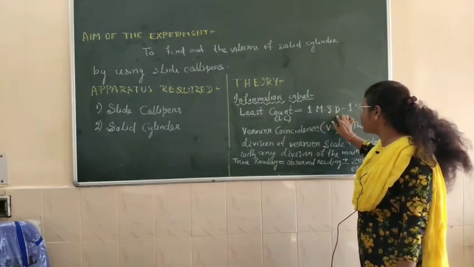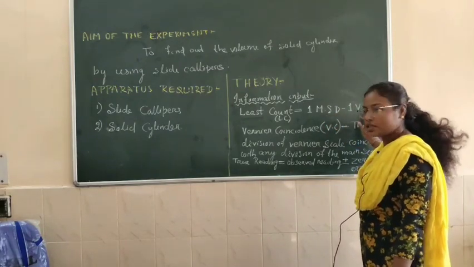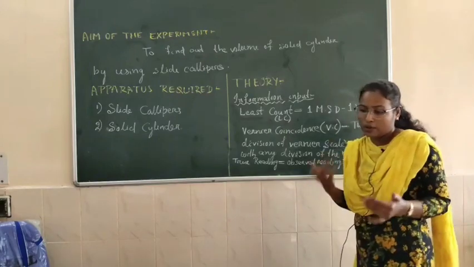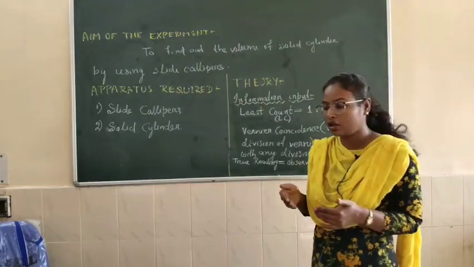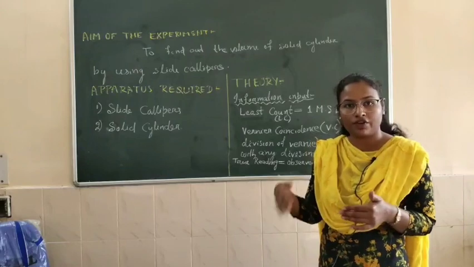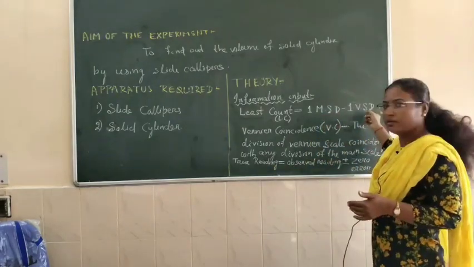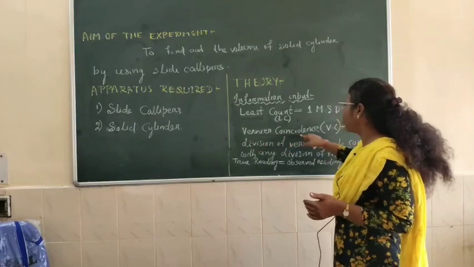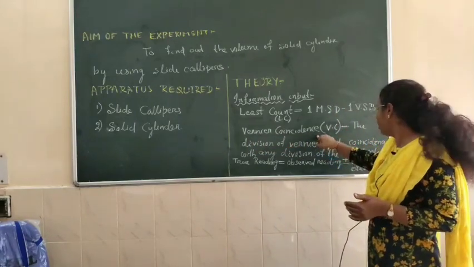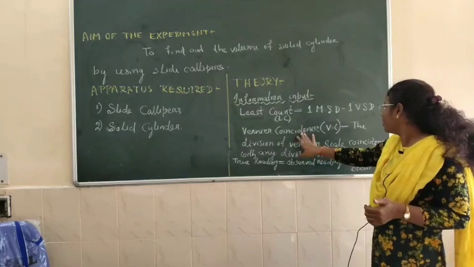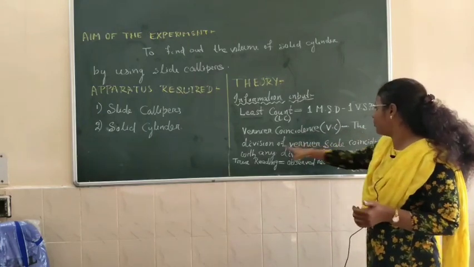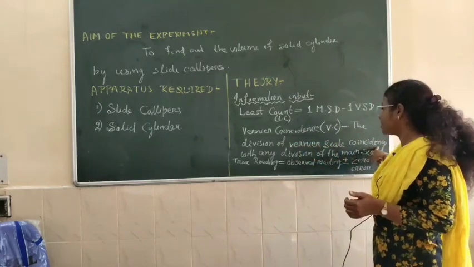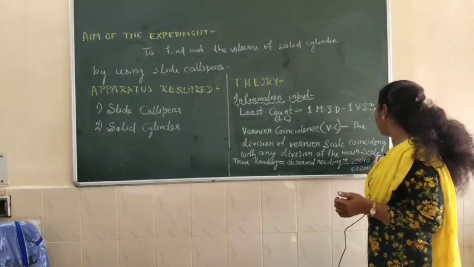MSD is main scale division, VSD is vernier scale division. When using the instrument, you can find out the MSD and VSD. Then next the information we need is vernier coincidence. Vernier coincidence is, as written here, the division of the vernier scale coinciding with any division of the main scale.